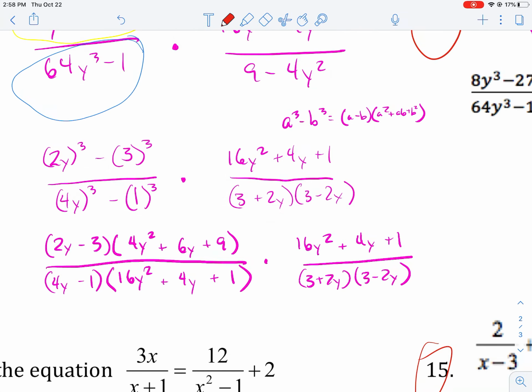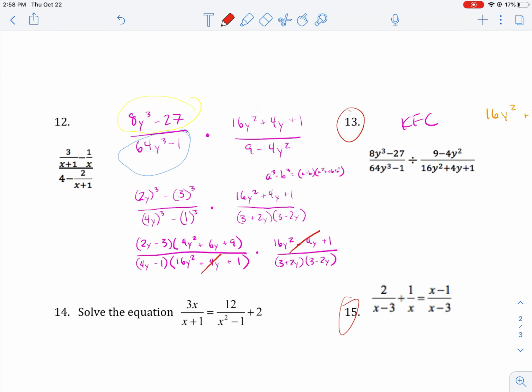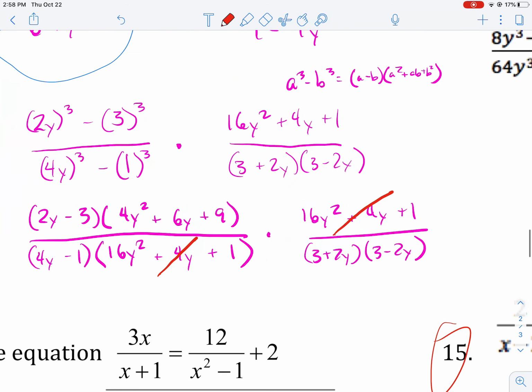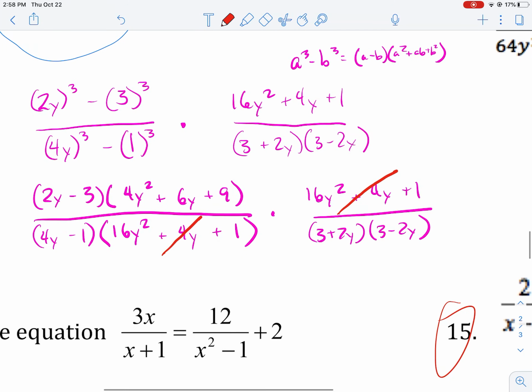Now, I really only see one in particular. It's just going to be that guy right there. Make sure I keep flip change everything. Yep, everything looks good. Sometimes you got to check your math here. So what do I have left?